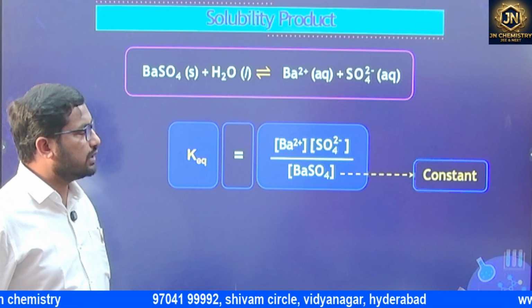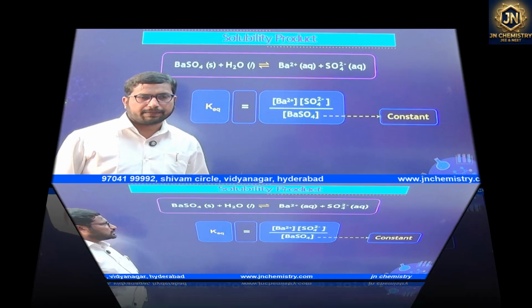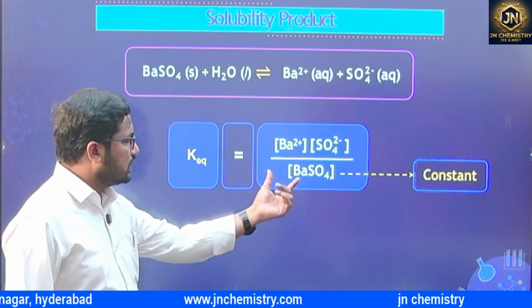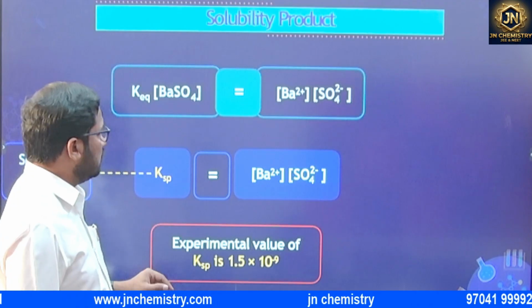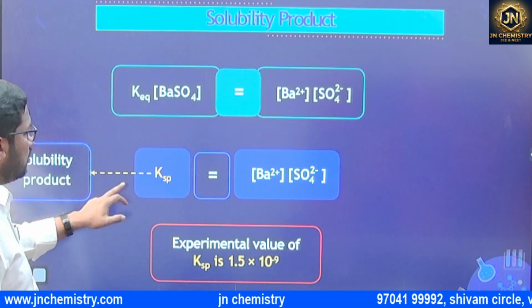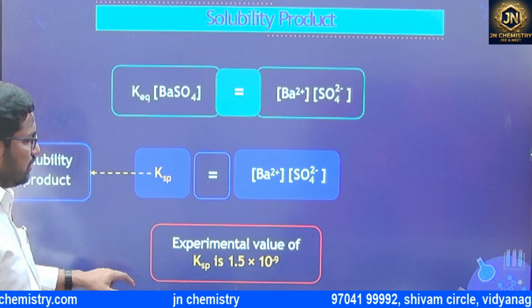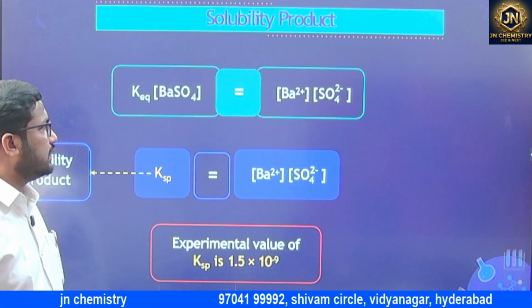K equilibrium is a constant because of sparingly soluble salts. Write it down. This one we can take as the solubility product. This K is nothing but Ksp, with experimental value 1.5 into 10 to the power of minus 9.